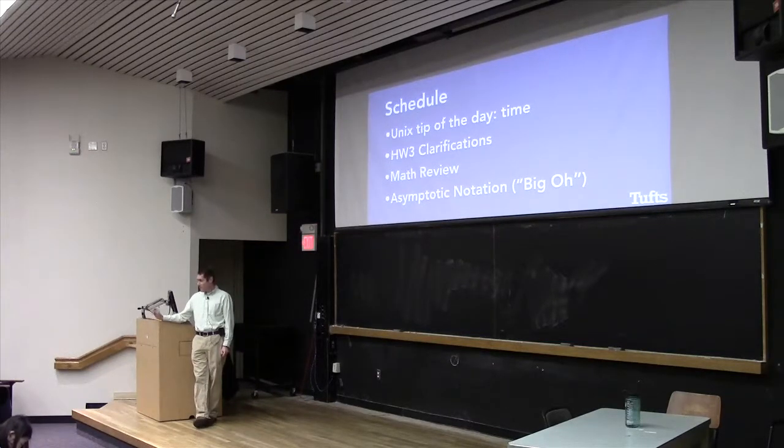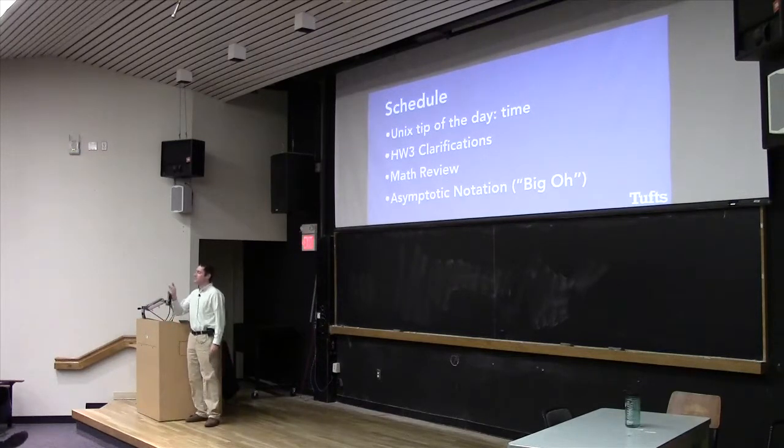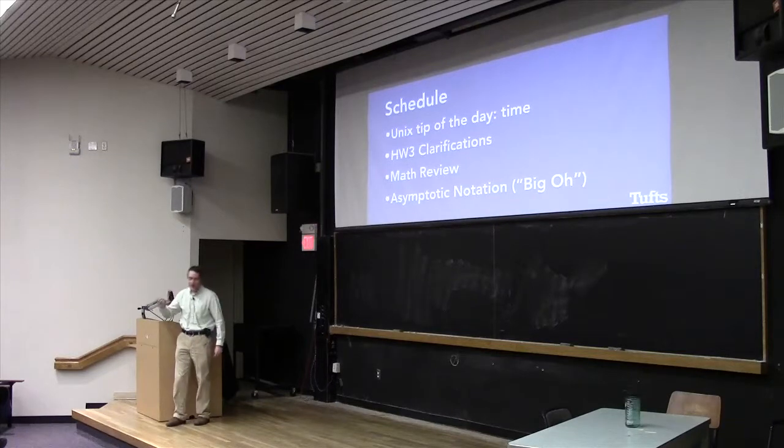But anyway, I'll talk about some other homework clarifications. Then we're going to do a little bit of a math review. Today is a little bit more math heavy than some other days. So those of you who've been waiting around for when computer science gets mathy, which it does in some places, today's the day. There's one slide where those of you who are not math types need to shield your eyes a little bit because it's way too mathy. But it should make the other ones happy.